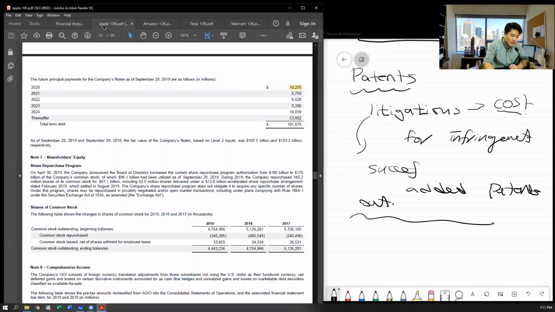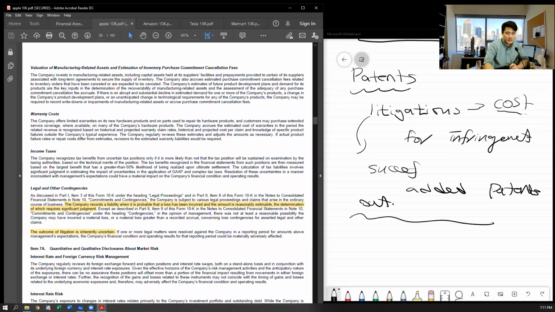So again, real world example. Let's see what Apple discloses with respect to legal and contingencies. So the company reports a liability when it is probable. So there you go, your term: probable that a loss has occurred and the amount is reasonably estimated. These are the exact language that the company uses to determine whether or not to report the liabilities or contingencies, the determination of which requires significant judgment.